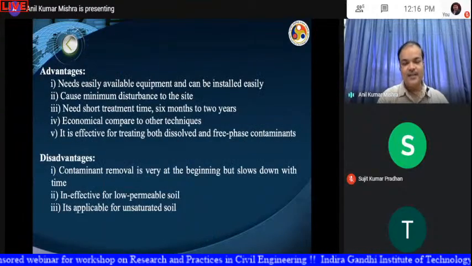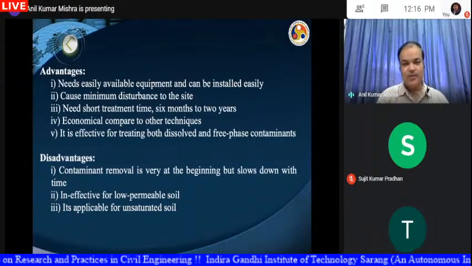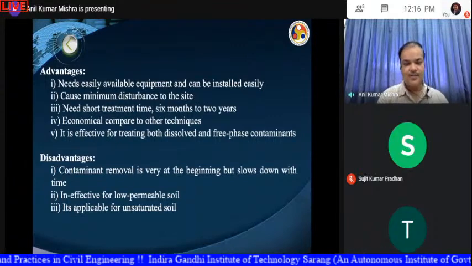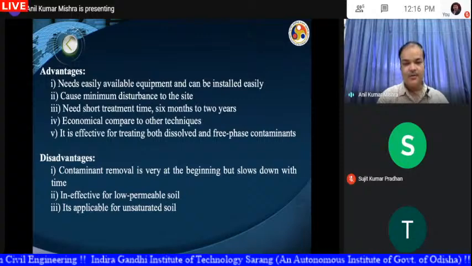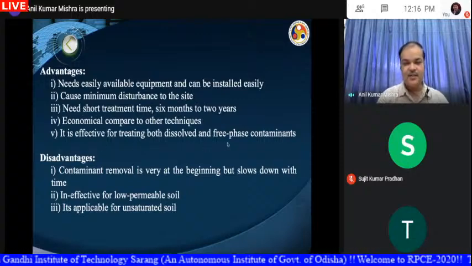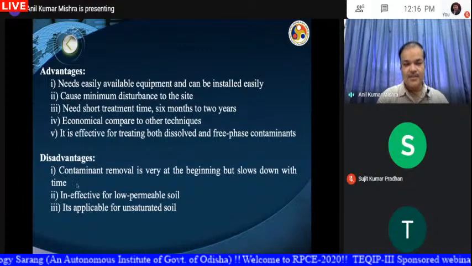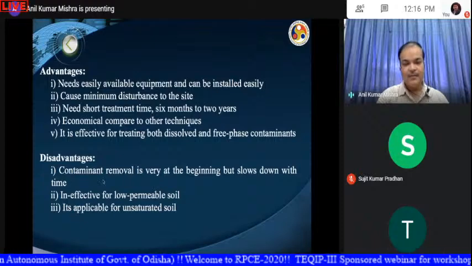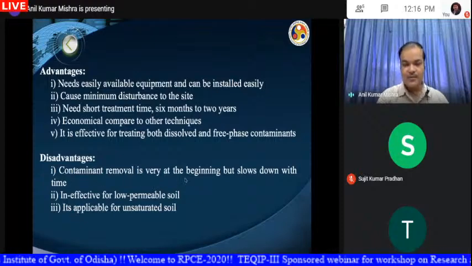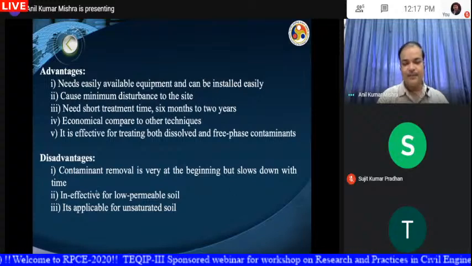This method is very easy and very economical, the equipment required for this method is very cheap, and it's also effective in treating both dissolved and free phase contaminants. But again it has certain disadvantages. The contaminant removal is very fast at the beginning, but slows down with time.